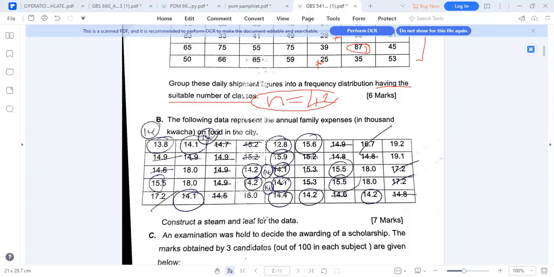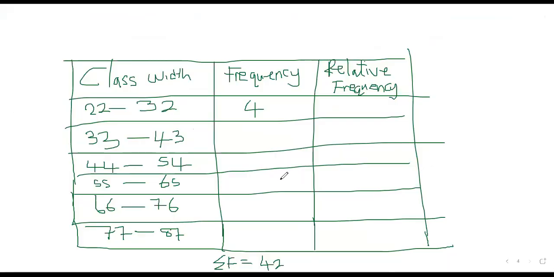So under the stem and leaf, okay, on the stem and leaf. On this one, for relative frequency I mentioned 4 divided by 42.